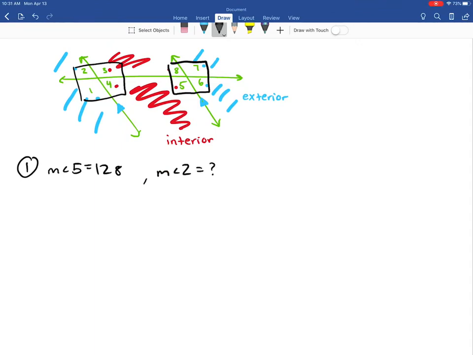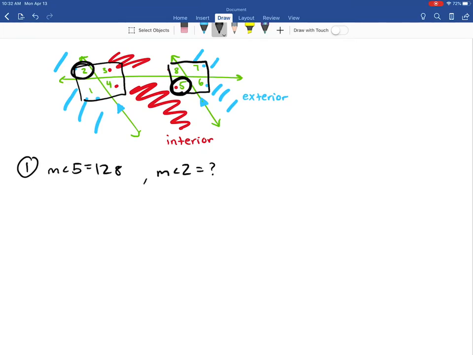Well, first you have to ask yourself what type of pair are 2 and 5, if any. Well, 2 is here and 5 is here. 2 is exterior, 5 is interior. So they're not alternate exterior, they're not alternate interior, and they're not corresponding because they're not in the same player position.